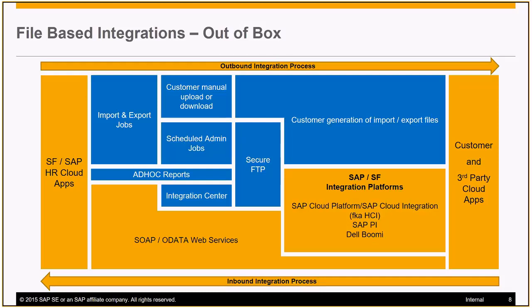Then, of course, we have the legacy process integration tool from SAP, which is typically used to facilitate integration between cloud and any SAP on-prem or any third-party system, basically, with an SAP on-prem system. And then, of course, we have Dell Boomi, which some of you might be familiar with.